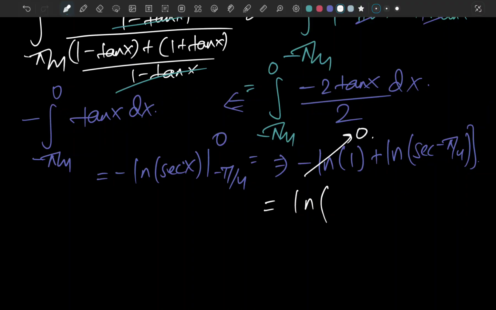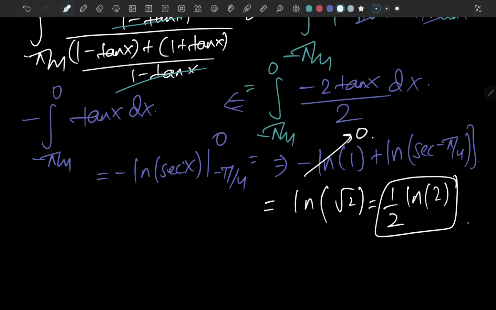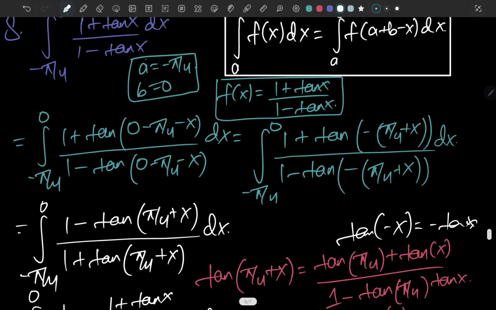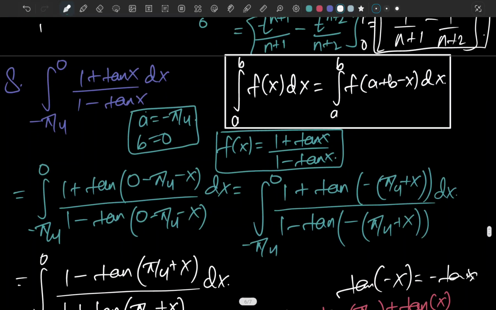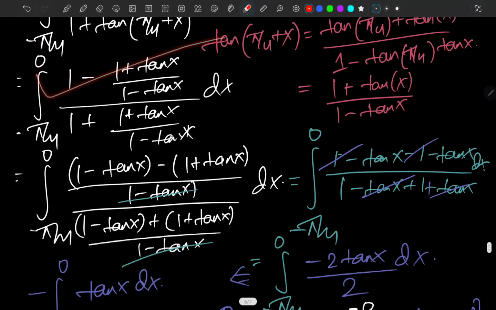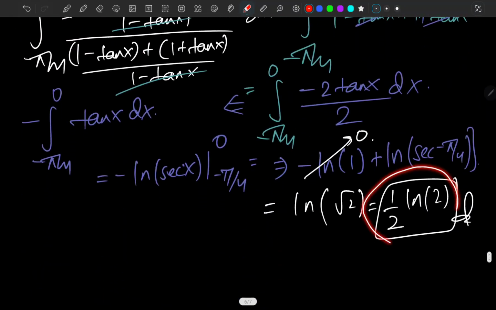That is why. So secant of pi over 4 is square root of 2. So this simplifies to 1 over 2 ln 2. So no, I didn't have any kind of mistake. I have done it correctly. So we started from here itself and we ended up here with a much better looking result.